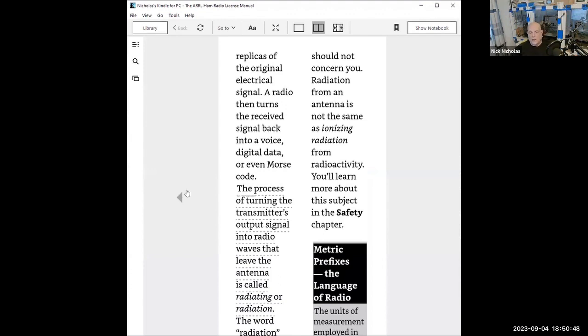Well, first we detect, and then we ultimately end up with a reproduction of the original information put in at the transmitter. We'll go into that in greater detail in the future.